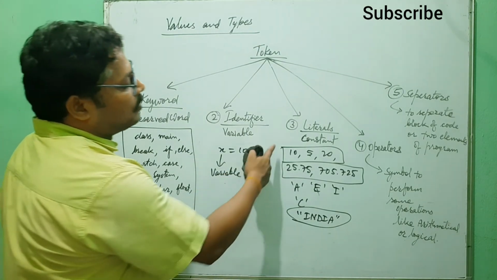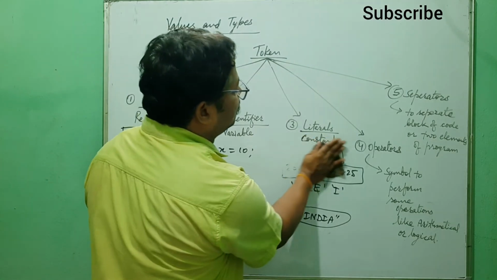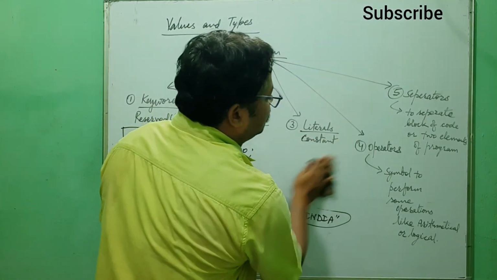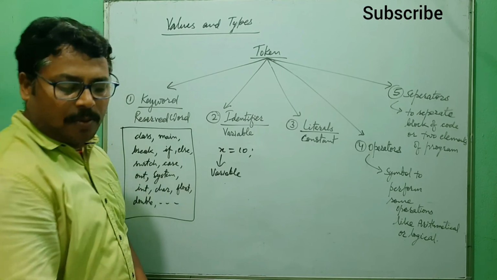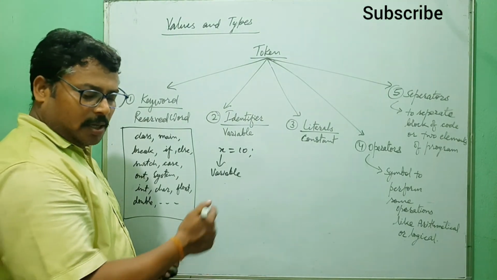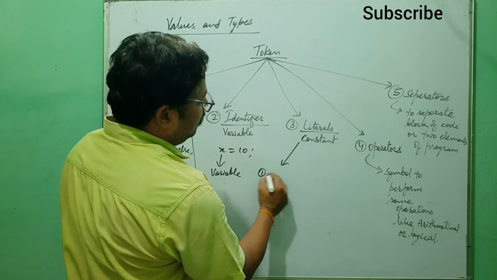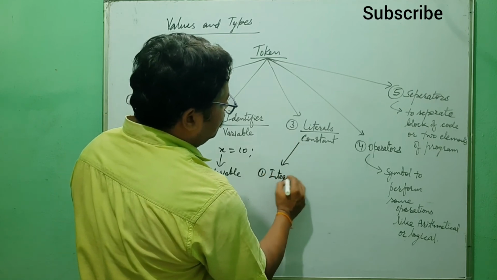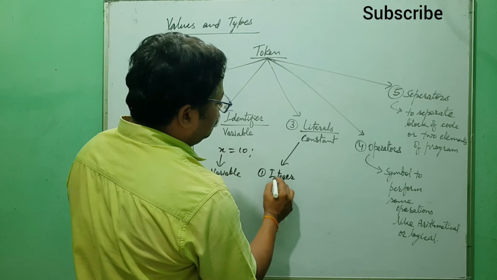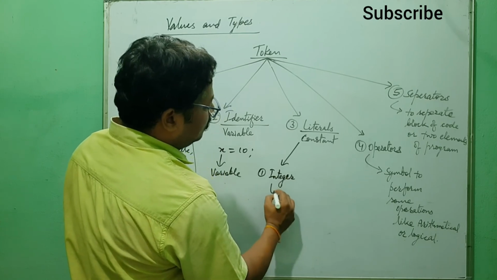So for all these types of values, how many types of literals are there, and which types of literals are we using? First is the integer literal.